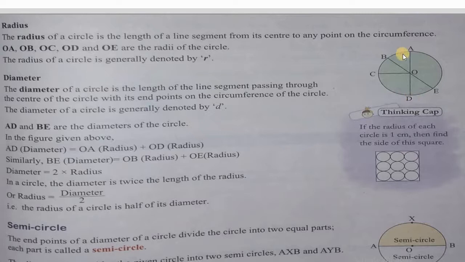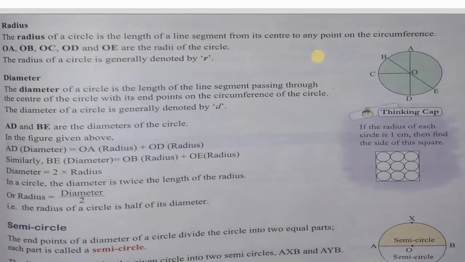Then the line passes through the center O and goes to D, touching the circumference again. So when a line segment passes through the center of a circle and its endpoints A and D touch the circumference of the circle, it's called a diameter.